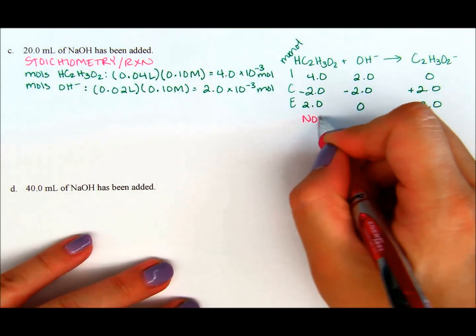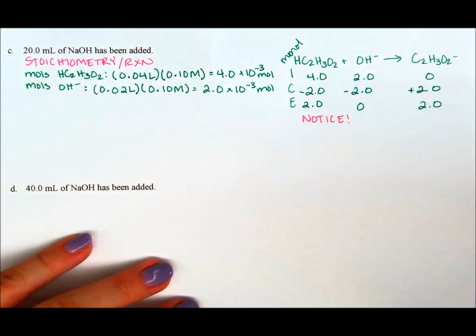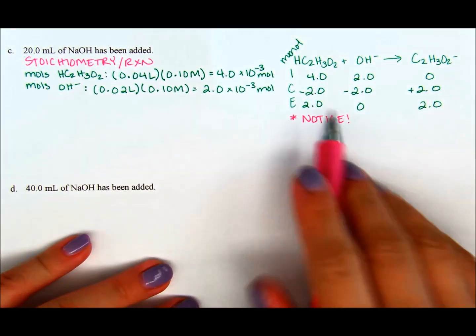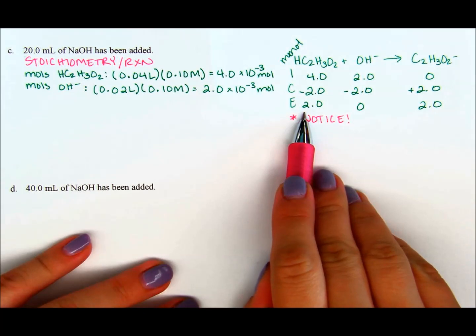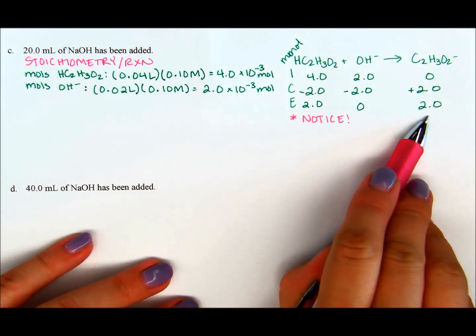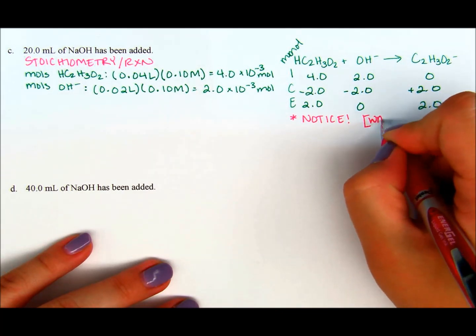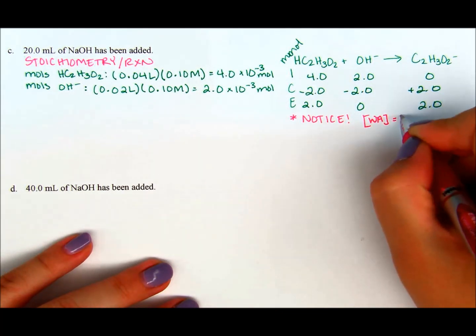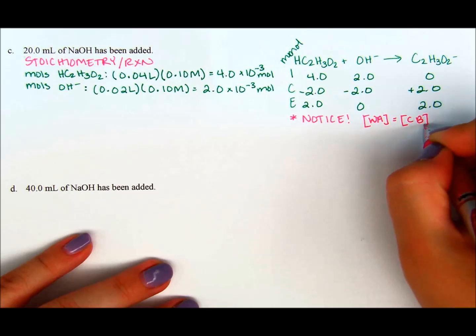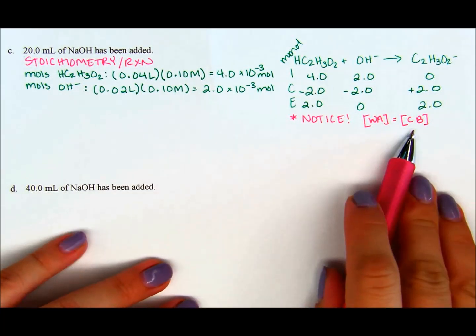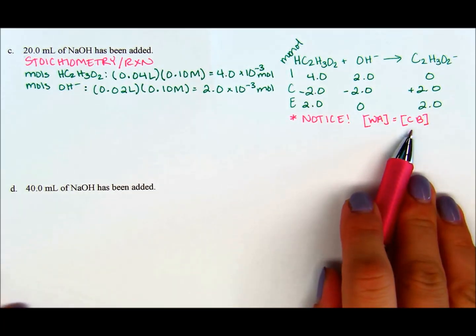Notice something here. The concentration of your acid is equal to the concentration of your conjugate base. So the concentration of your weak acid equals the concentration of your conjugate base. That's important to notice, and we'll see why in just a second.